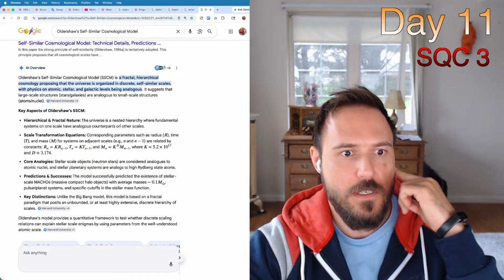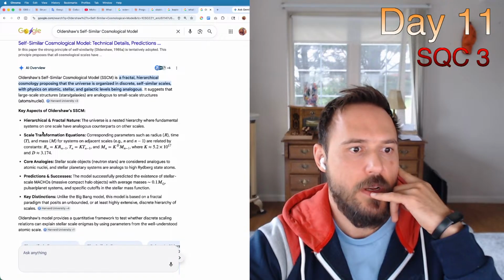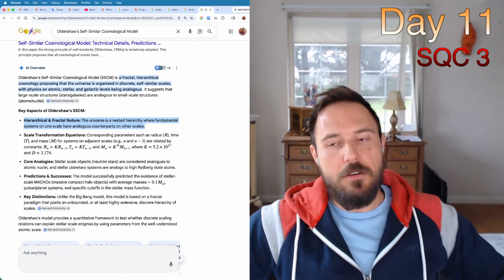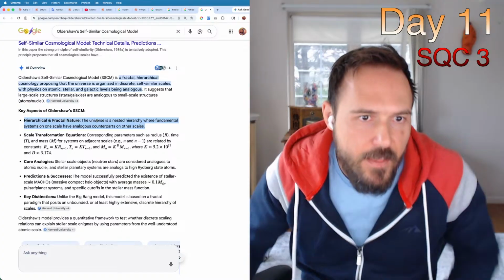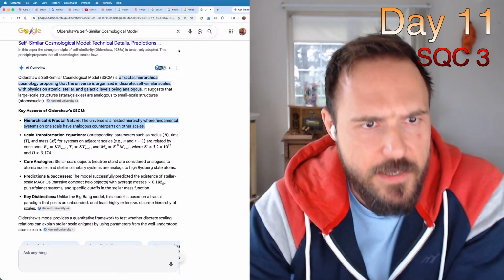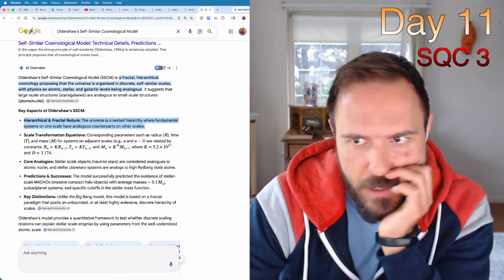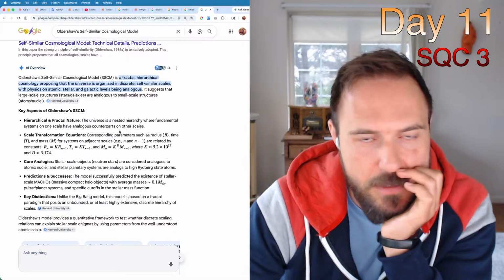The universe is a nested hierarchy where fundamental systems on one scale have analogous counterparts on other scales. Okay, now I know the name for it. By the way, is it a side quest? No, that's just a definition. We didn't get a brand new idea. So SQC is still 3.